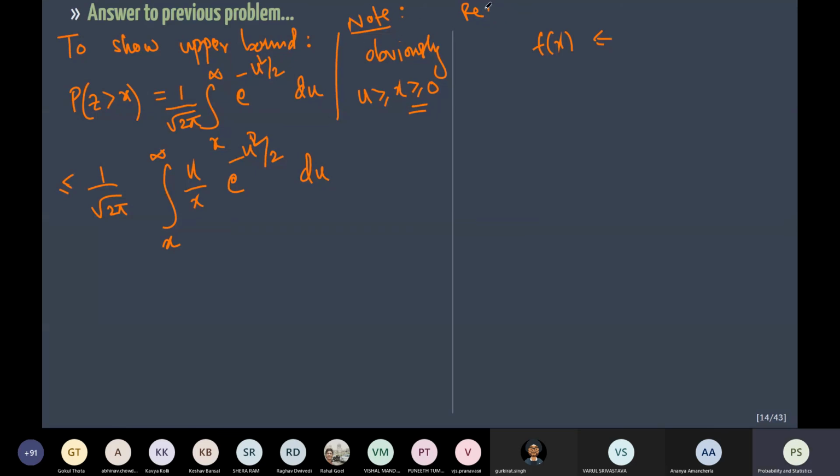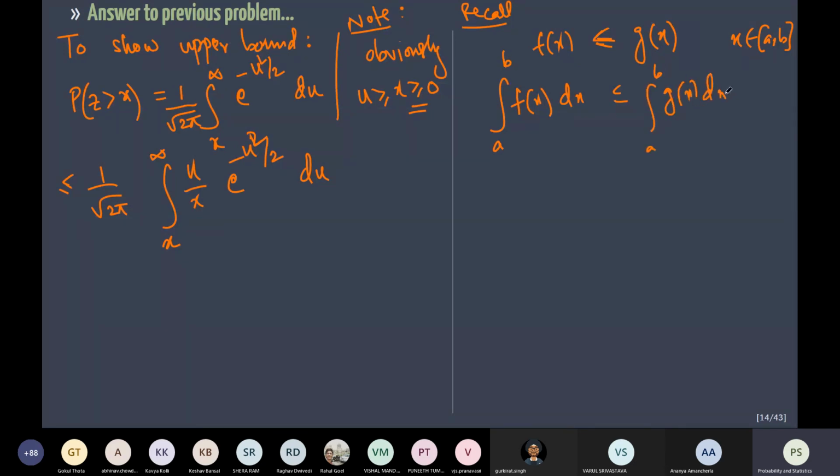So if f(x) is less than or equal to g(x) in the interval a to b, then the integral of f(x) dx over a to b is less than or equal to the integral of g(x) dx. This is trivial, right? Since g(x) is greater than or equal to f(x), obviously the area under g is going to be bigger. Okay, so this is obvious.